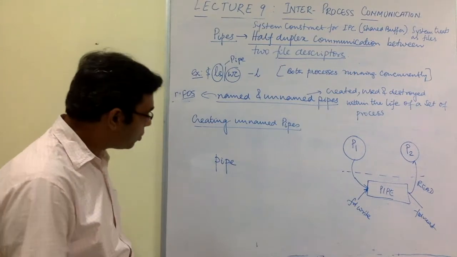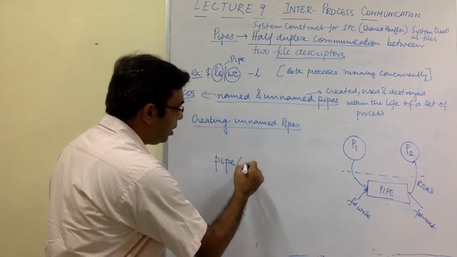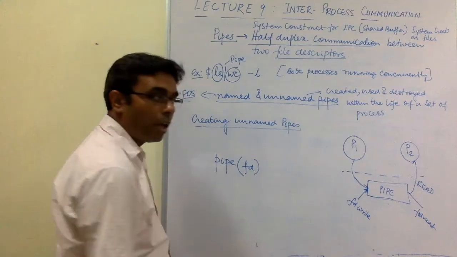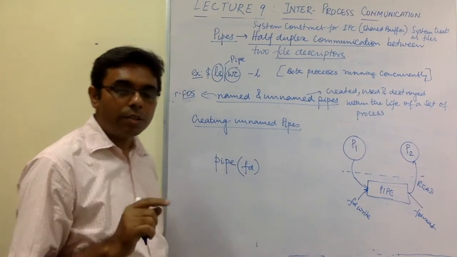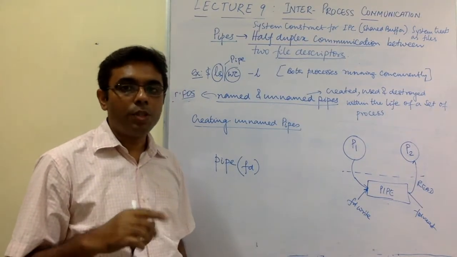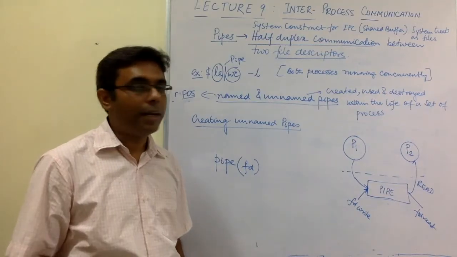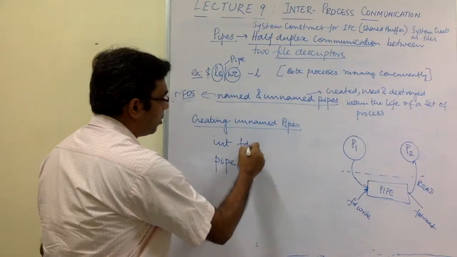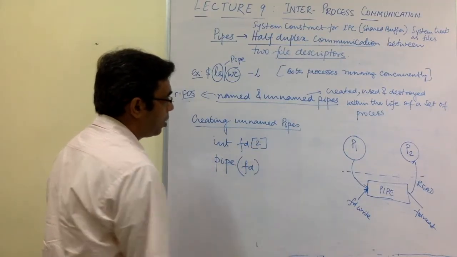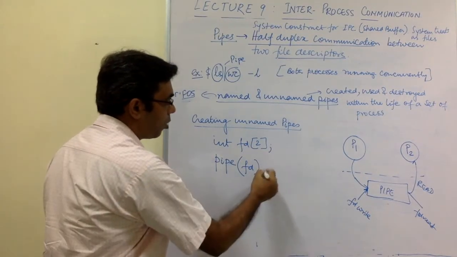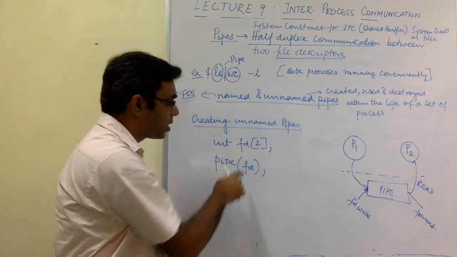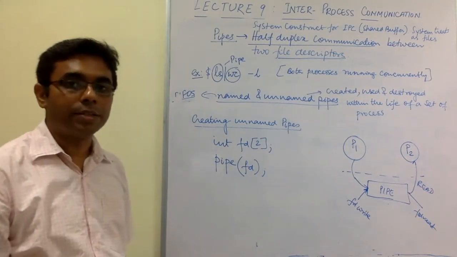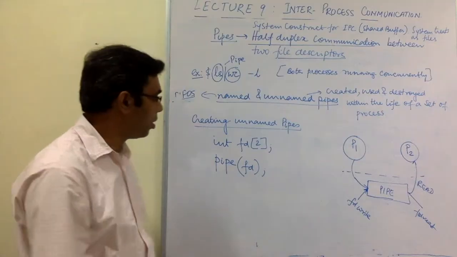And what do we pass to this pipe system call? We pass the file descriptor. As I've already told, this particular pipe, which is treated as a file, has two file descriptors. So you need to have a file descriptor array of 2 elements, and that is what we pass as the input to the pipe system call.